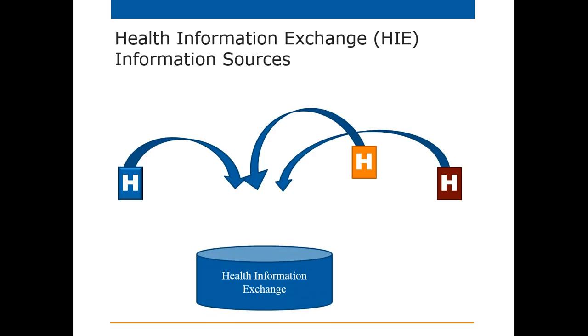And sometimes we don't always know, all right, I'm doing it. They said they want all these feeds, and you might be sending it as a CCD that they're parsing, or you might have a bunch of separate interfaces that are just being sent as HL7 or flat files, or however you're doing that. So you just keep sending, right? And you're hoping a lot of people are sending so you can get all that value out of the HIE.